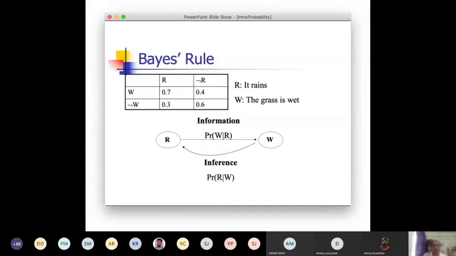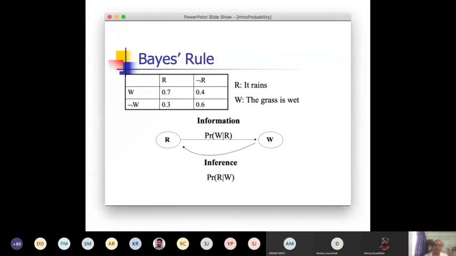Now, the other way we call inference. That means if I find that the grass is wet, then what is the probability that it was caused by rain? It's a kind of question we'll be considering many a time. For example, when we are trying to classify, we have the observation of an instance, and then given the instance, what is the probability of the class?